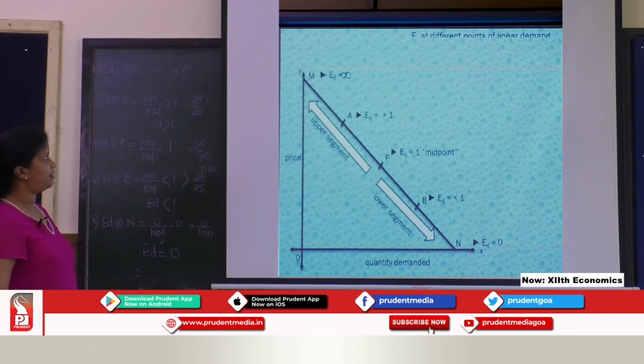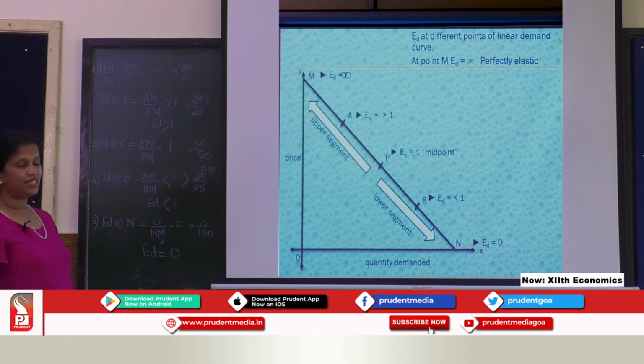So finally, this is what the geometric method is all about. At point M, ED value is infinite. At point A, ED is greater than 1. At point P, ED is equal to 1. Then at point B, ED is less than 1. And at point N, ED is equal to 0.